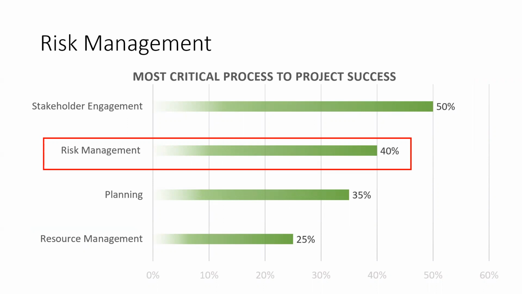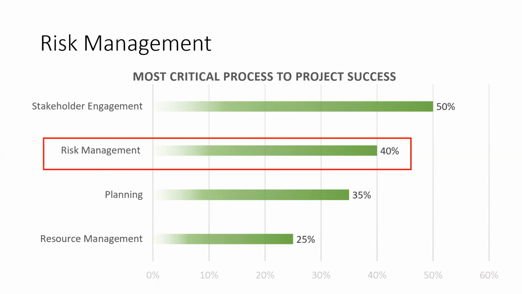I think because, like we just said, it's very critical to project success. If you don't properly plan and you don't have a contingency plan in place, the downfall of that is not being able to know where to go from here. If we know that we have this risk, we'll know how to move on from it.